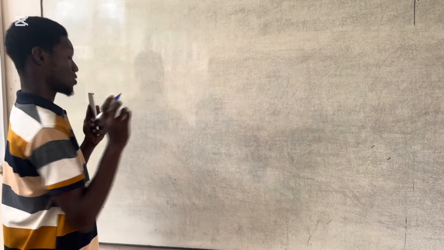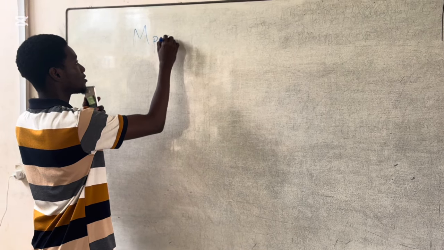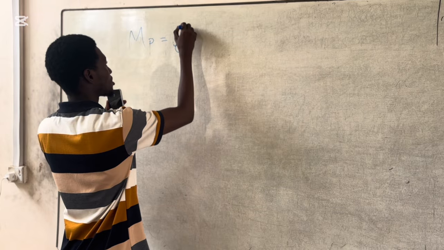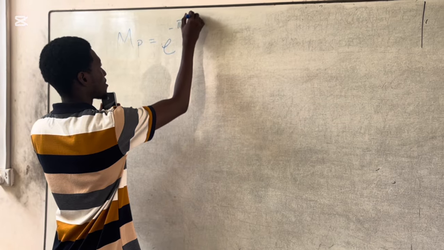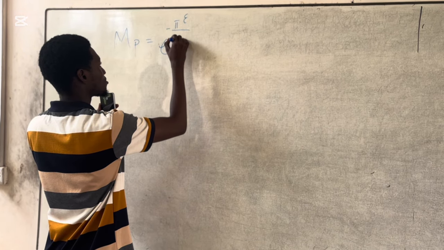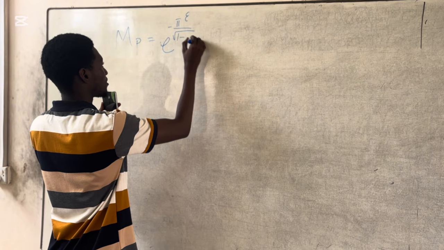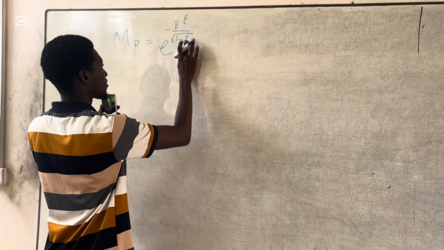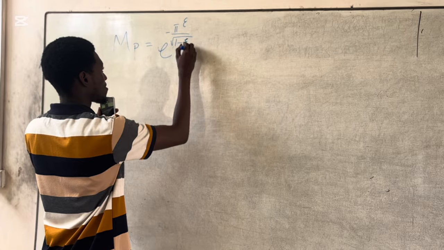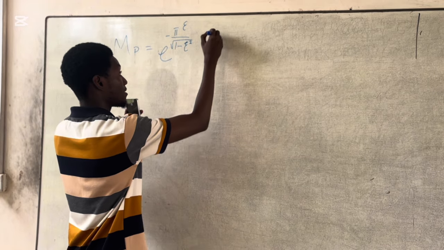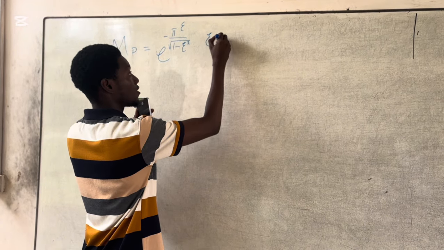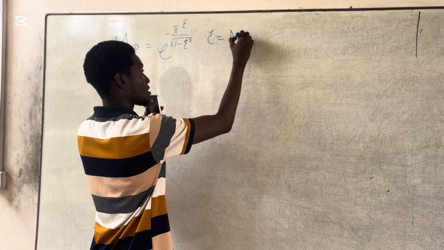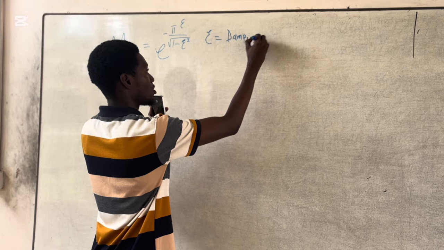And so, for a second order system, the expression for a peak overshoot is M_p equal to exponential of minus pi zeta over square root of 1 minus zeta squared, where zeta represents the damping ratio.